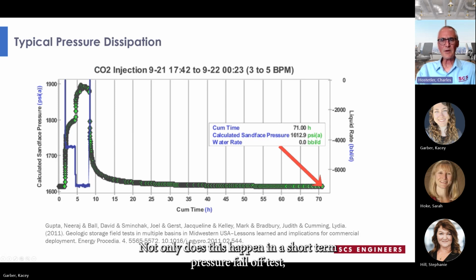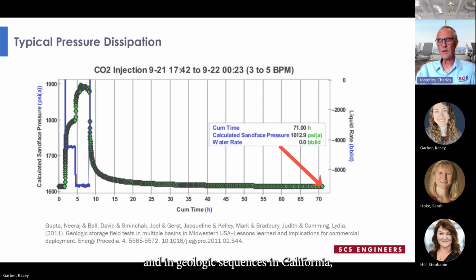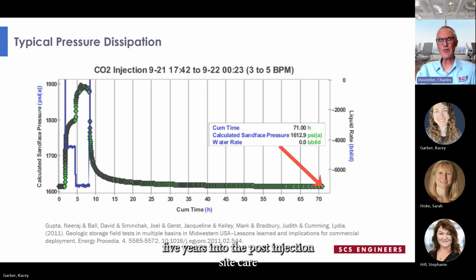Not only does this happen in a short-term pressure fall-off test, but our modeling results show in typical scenarios such as the Illinois Basin, in Louisiana Permian basins, and in geologic sequences in California, that if you inject for 20 years and then stop injecting, by about year 25, 5 years into the post-injection site care period, the pressure front has pretty much dissipated.